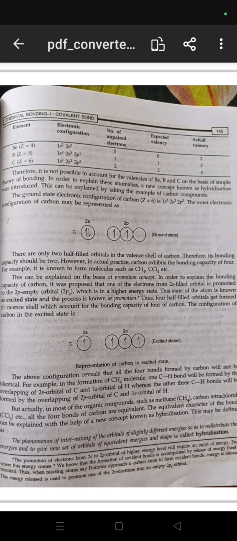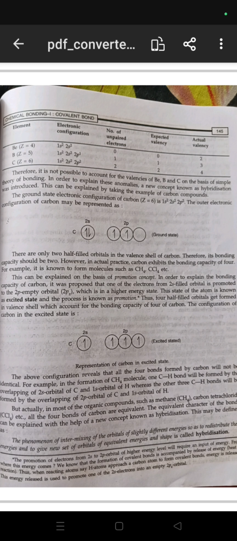The above configuration reveals that all 4 bonds formed by carbon will not be identical. For example, in the formation of CH4 molecule, one C-H bond will be formed by overlapping of the 2s orbital of carbon and 1s of hydrogen, whereas the other 3 carbon-hydrogen bonds will be formed by the overlapping of 2p orbitals of carbon and 1s orbital of hydrogen.